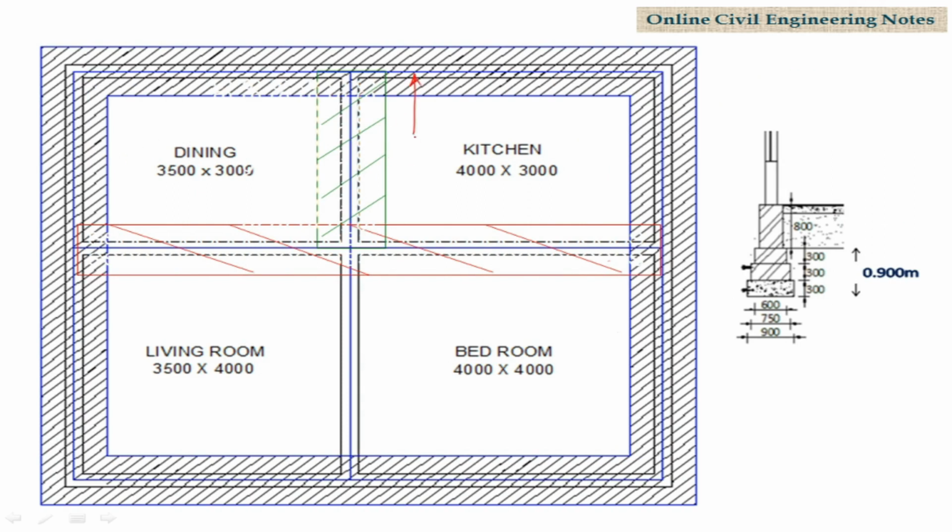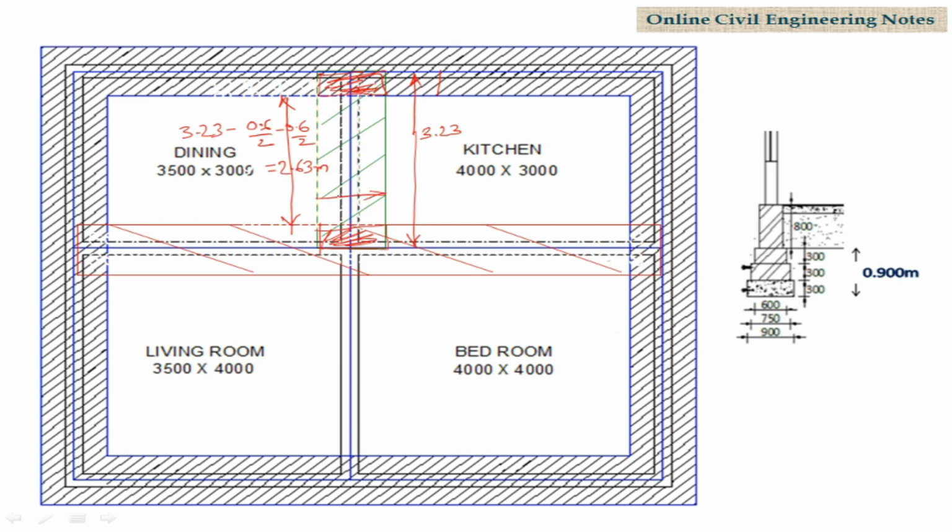The next portion is shown here, which is marked in green color. Center to center dimension of this portion is 3.23 meters, but this portion is already calculated, so we have to find the quantity for this length. This is 3.23 minus half of the footing width minus half of the footing width. This is equal to 2.63 meters.